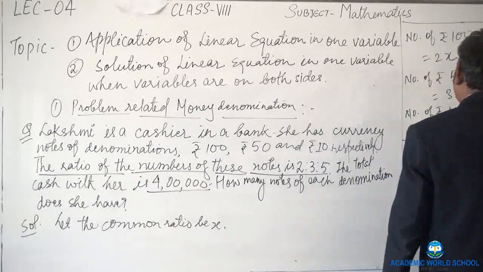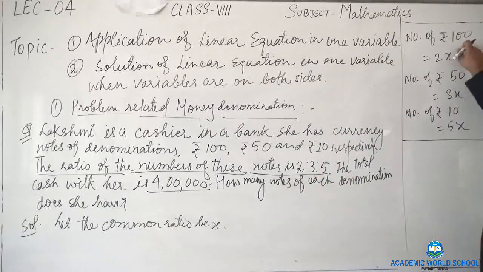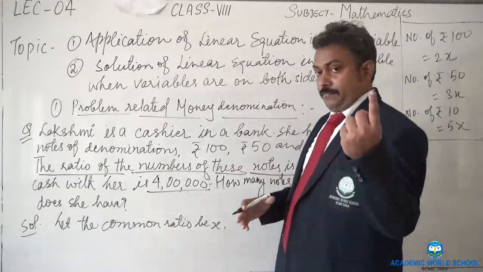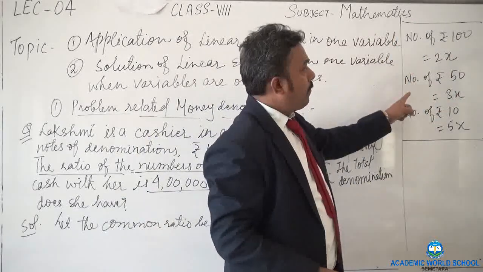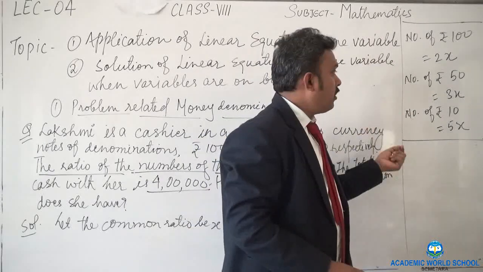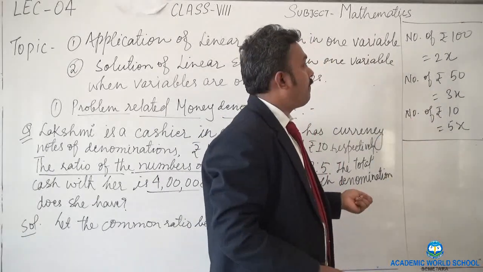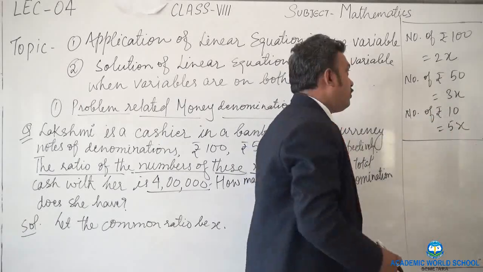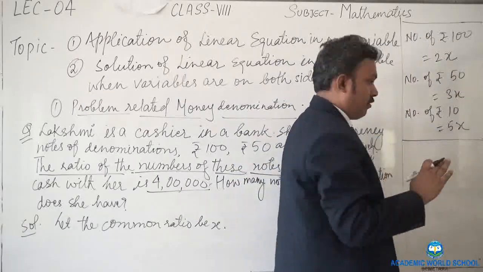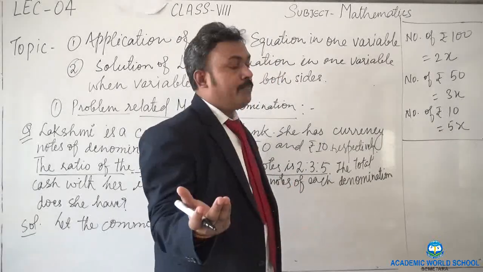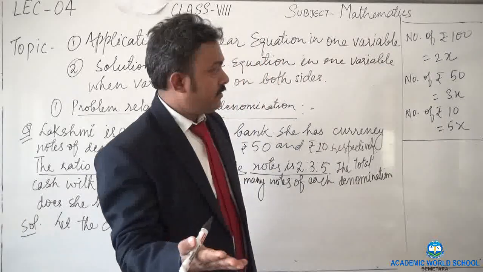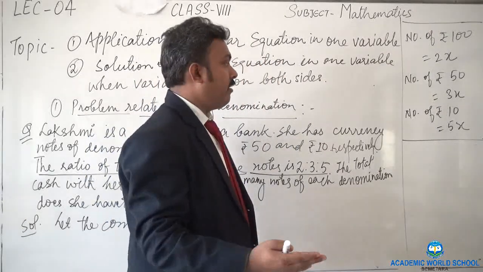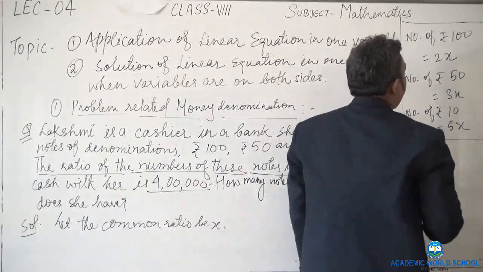Remember that this is the number: how many 100 rupee notes are there, they are 2x. How many 50 rupee notes, they are 3x. How many 10 rupee notes, they are 5x.